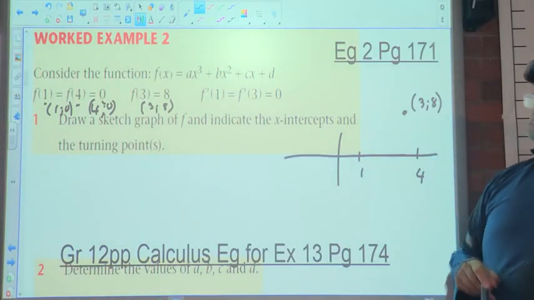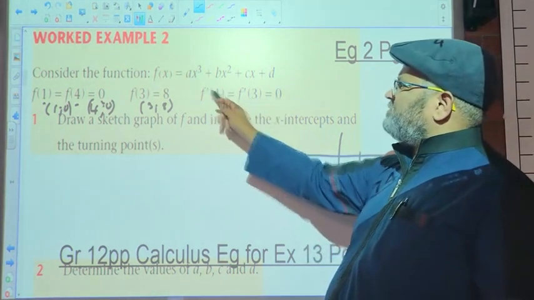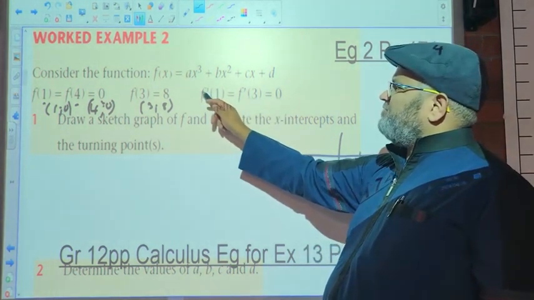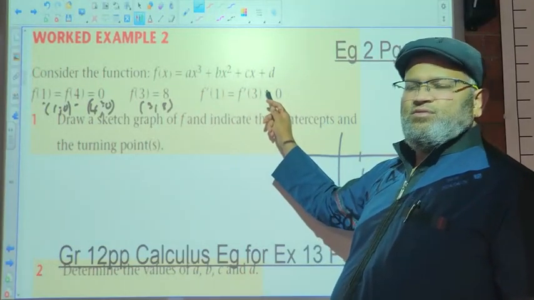Then we are told that f prime of 1 is 0. When do we say f prime of x is equal to 0?